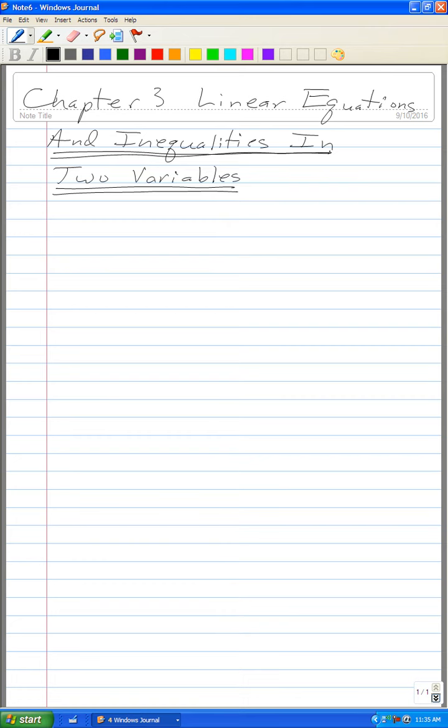So let us start section 3.1. Linear equations in two variables.